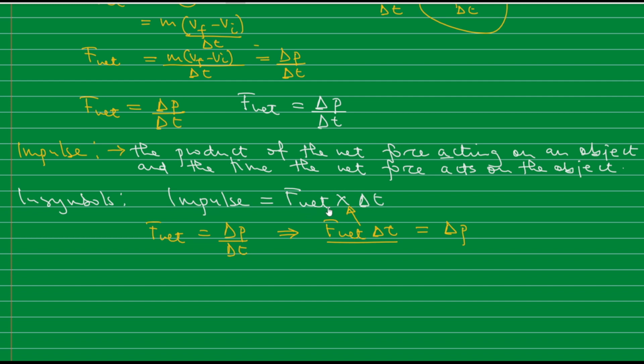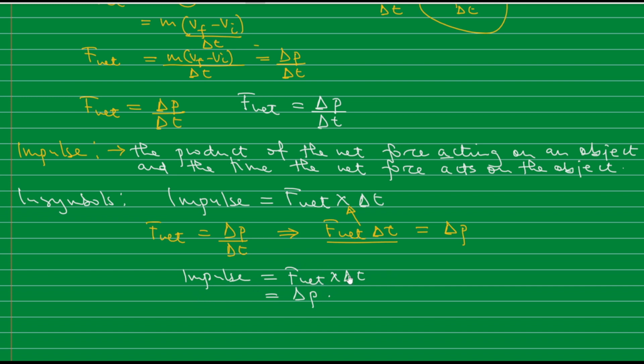So from this statement, we can see that impulse is equal to F net times delta T, but also the same F net delta T from Newton's second law in terms of momentum gives us delta P. So we can calculate the same impulse as the change in momentum. So there are two ways that we can calculate impulse.